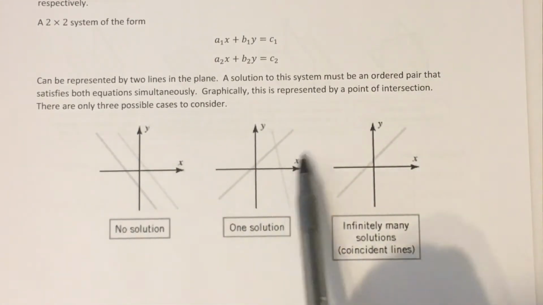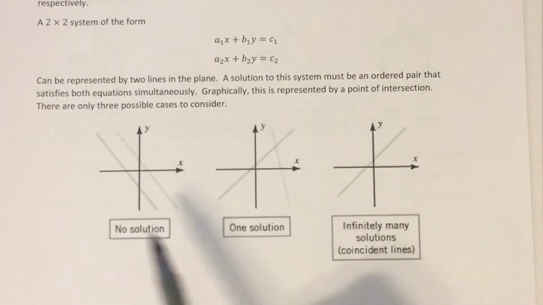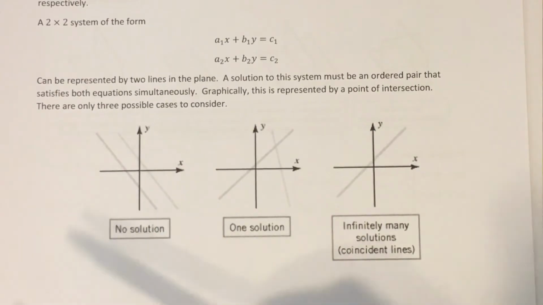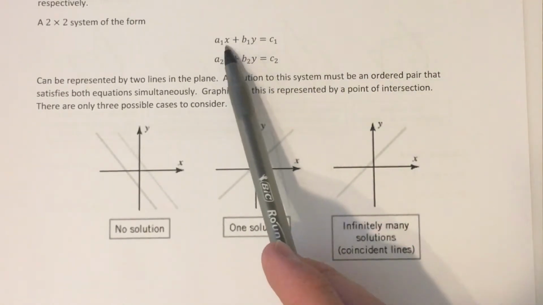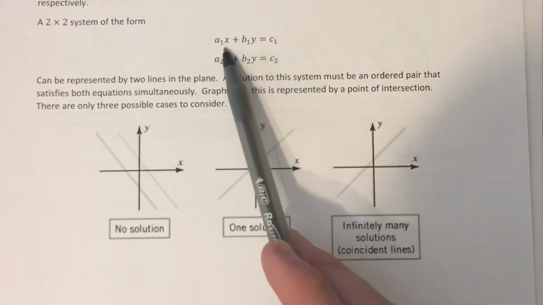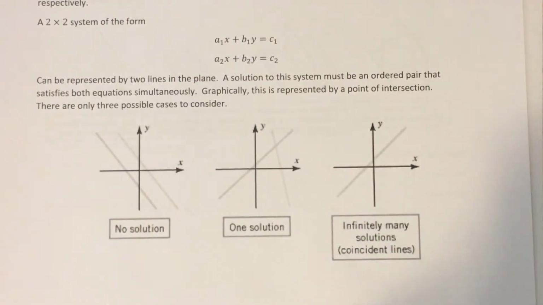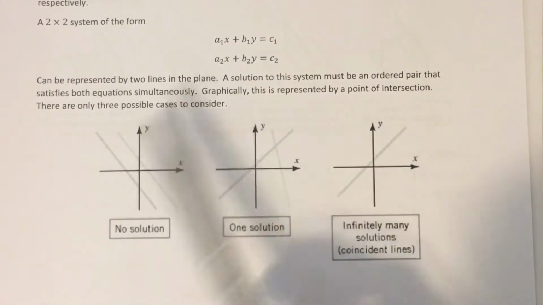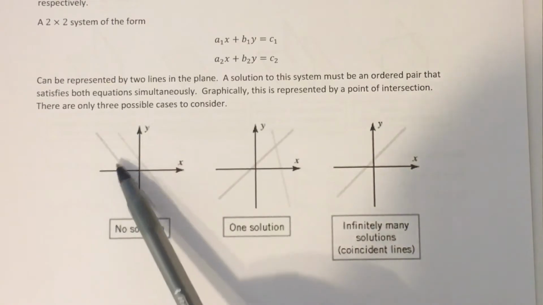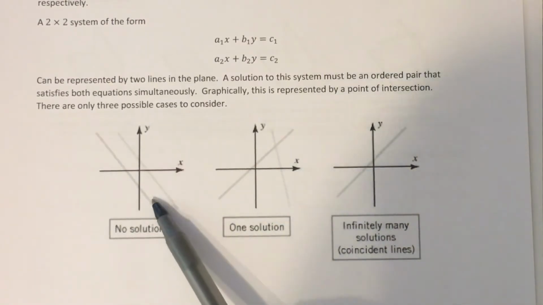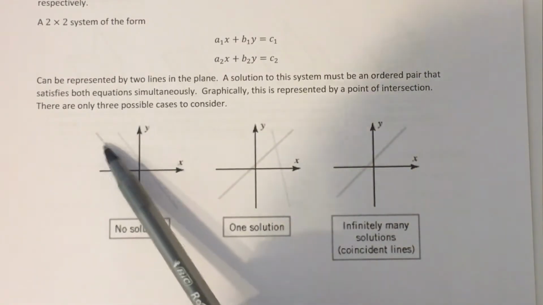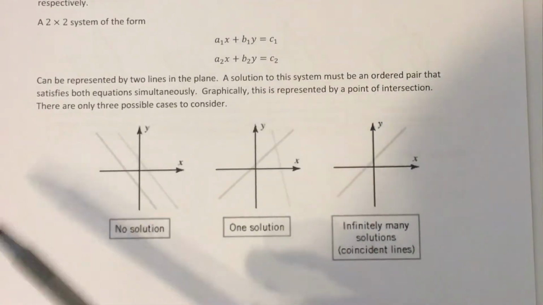In fact, there are 3 specific cases that we're going to break this down into. So first of all, remember, a solution to a system of linear equations has to be, in this case, an ordered pair, because we have two unknowns, and it has to satisfy both equations simultaneously. But what is the graph of an equation? Well, the graph of an equation is just the set of all points, in this case ordered pairs, that satisfy that equation.